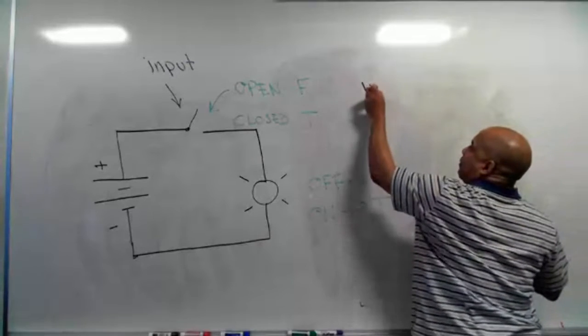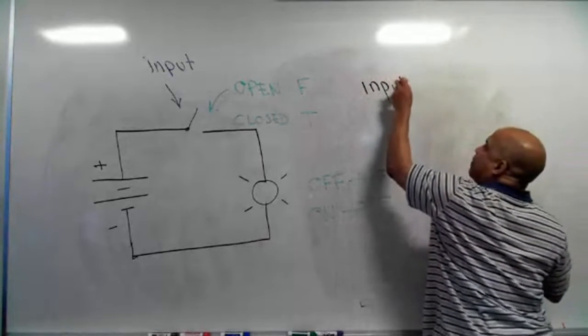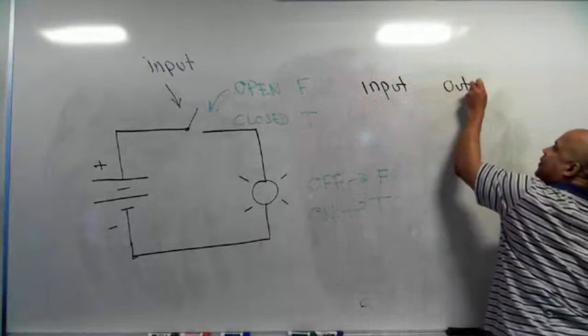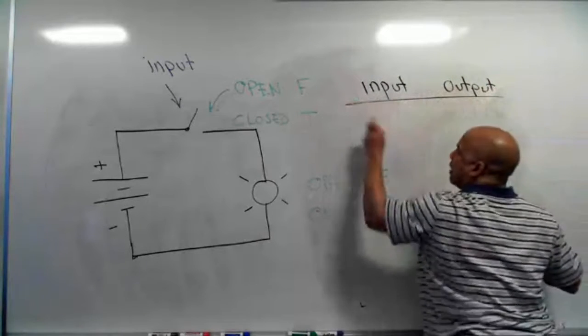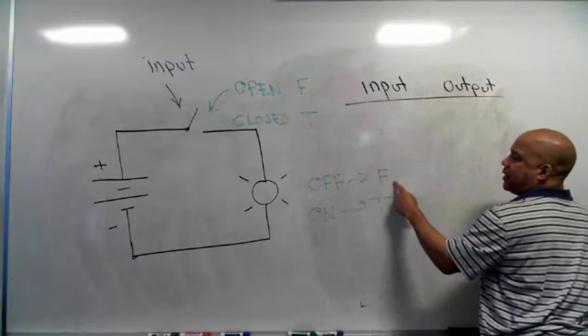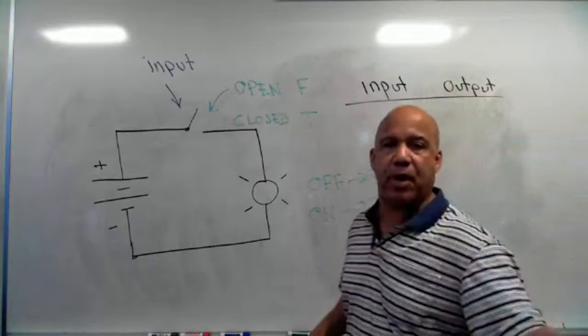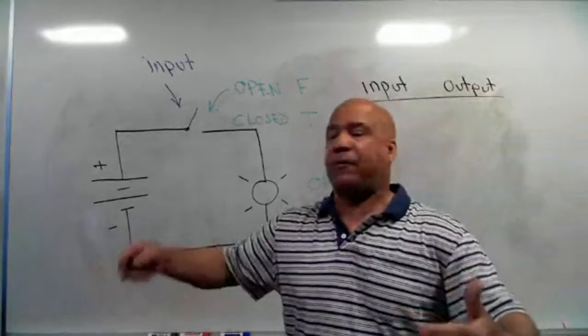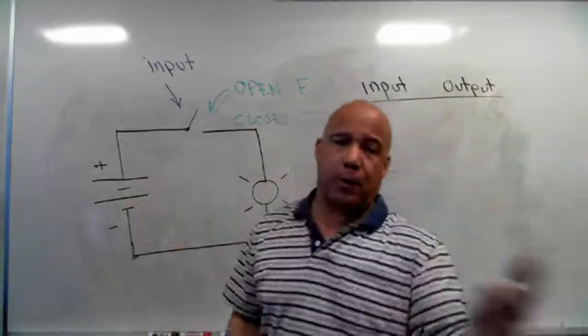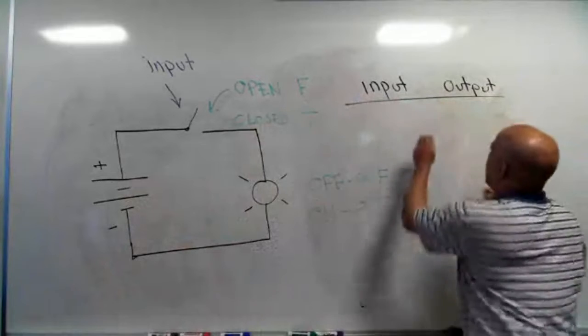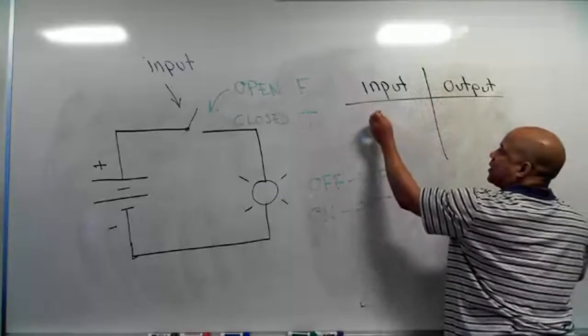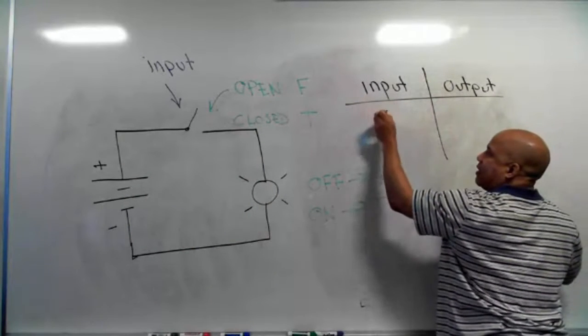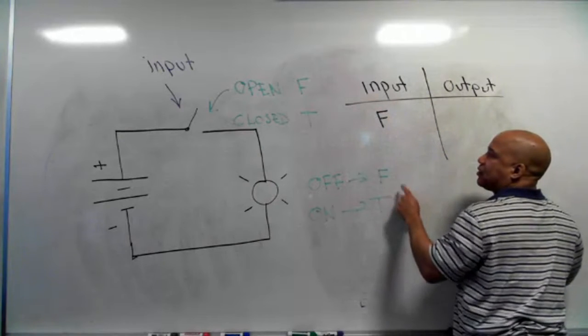I put inputs on one side of the table and outputs on the other side. For the input, I want to put the state of the input. For this circuit, the switch can either be open or closed. If it's open, I say the input condition is false.